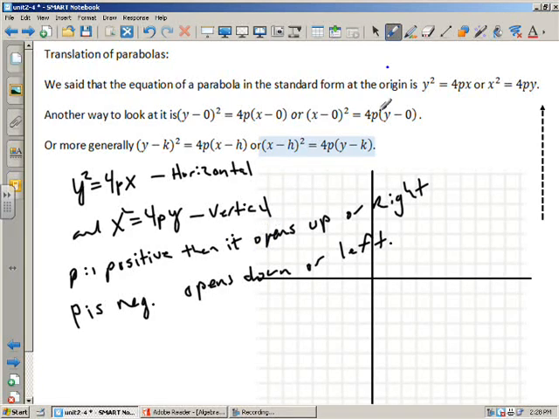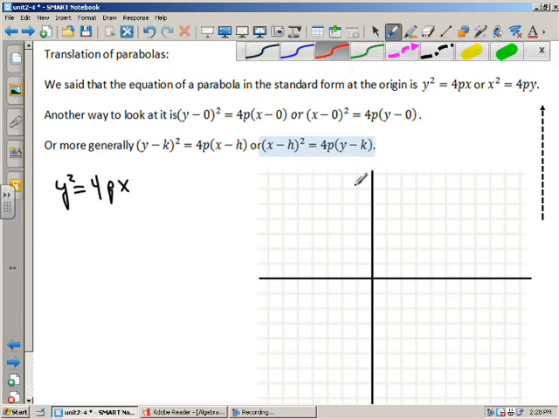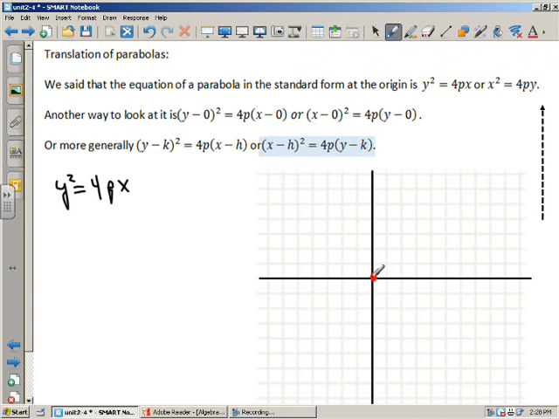But what I want to show you right now is that if we're looking at this equation, say y squared equals 4px, that's when the vertex is at the origin. So we have this situation going on. And to give you a more specific example, let's look at, for instance, y squared equals 12x.